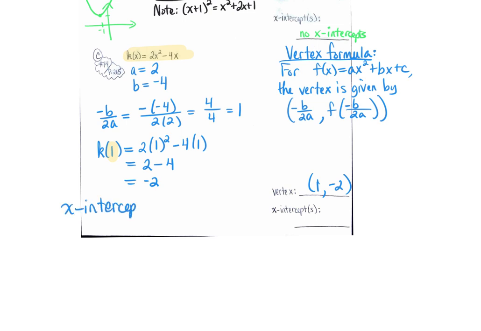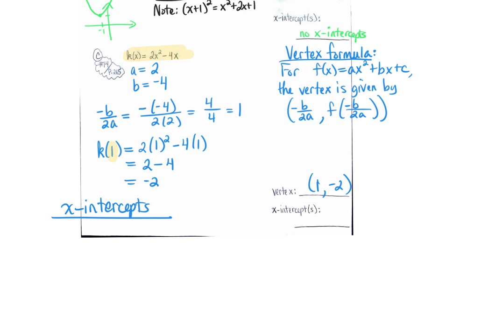To find your x-intercepts, we can ask ourselves, do we have x-intercepts? If our vertex is 1, -2, A here is what? Positive, so is our parabola going to open up or down? Up. So are we going to have x-intercepts?